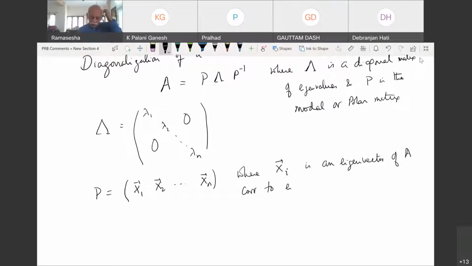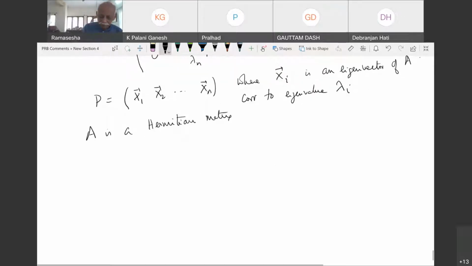Now what is P inverse given by? A is a Hermitian matrix. x1, x2, up to xn are all eigenvectors, so what can you say about their orthogonality properties?